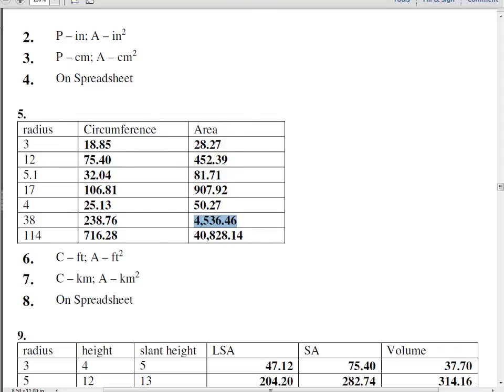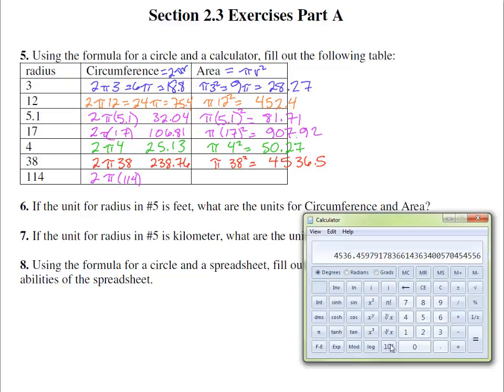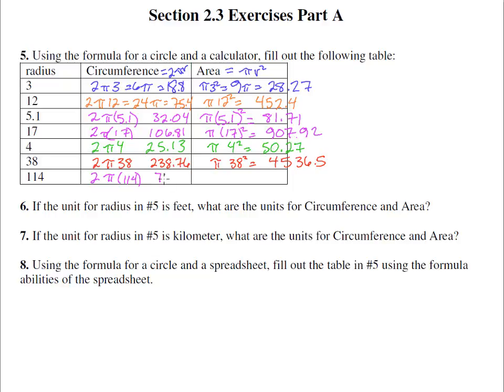The last one, if we have 2 times pi times 114, punch that in the calculator. 2 times pi times 114 equals 716.28. Oh, good. Perimeter is centimeters, good. Area is centimeters squared. Pi times 114 squared.